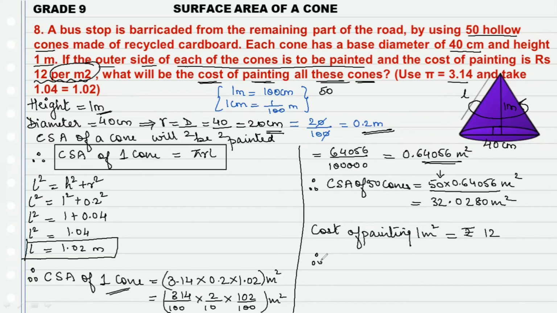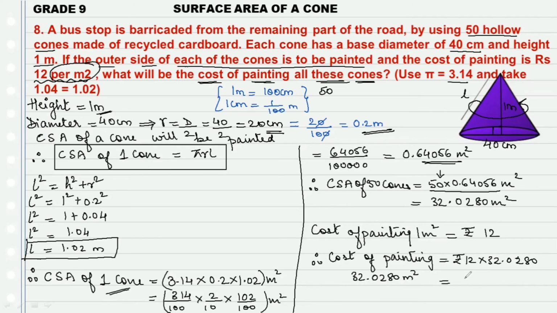So cost of it will be multiplied, right? So cost of painting 32.0280 meter square will be rupees 12 multiplied to it. So after calculation, students, just calculate 12 multiplied by 32.0280.